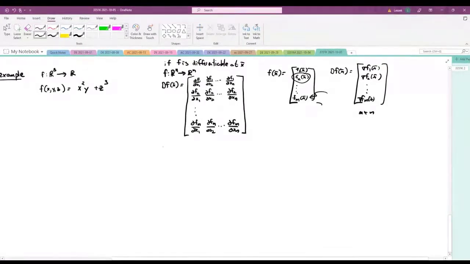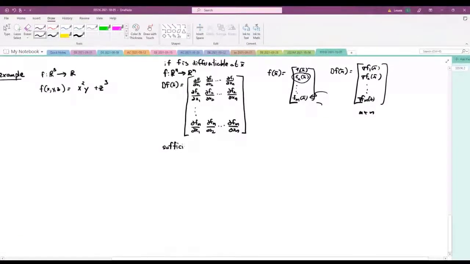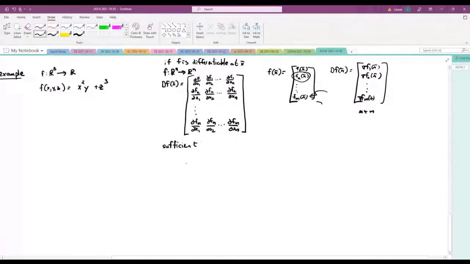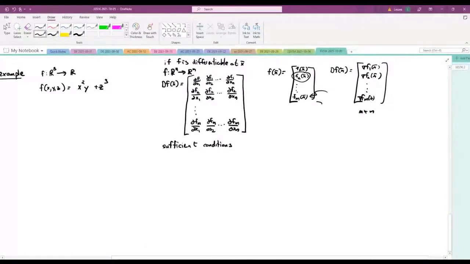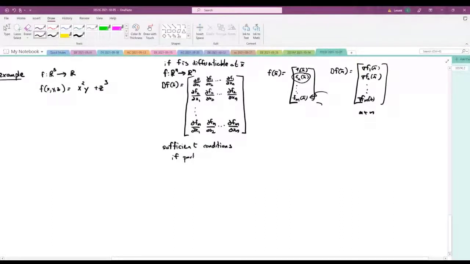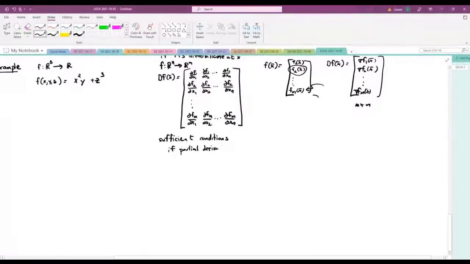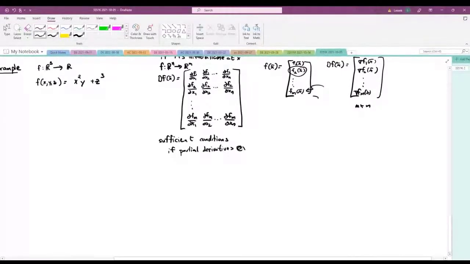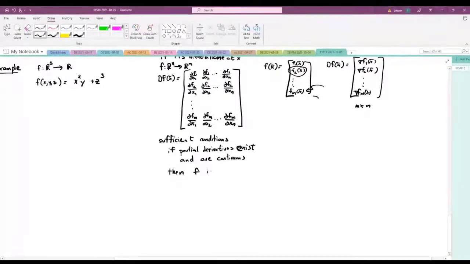And we also have sufficient conditions for differentiability for our function from Rn to Rm. Again, this is just a review of one of the theorems. So if the first order partial derivatives exist and are continuous, then f is differentiable.